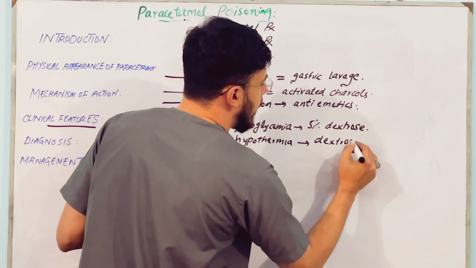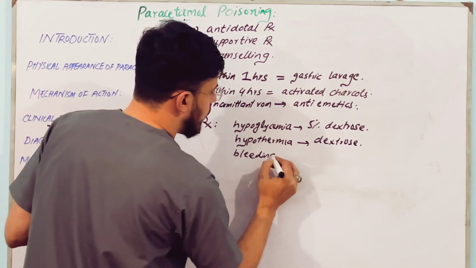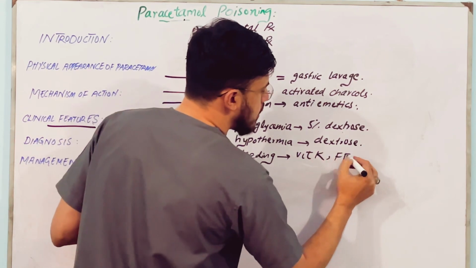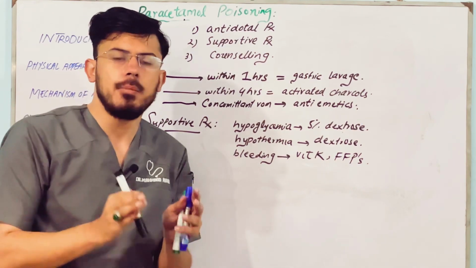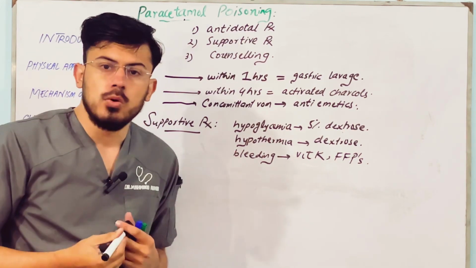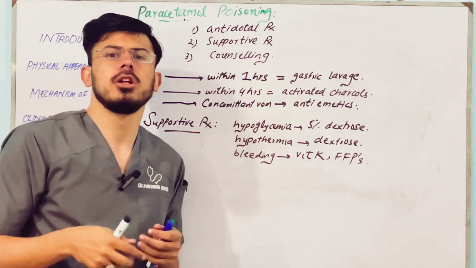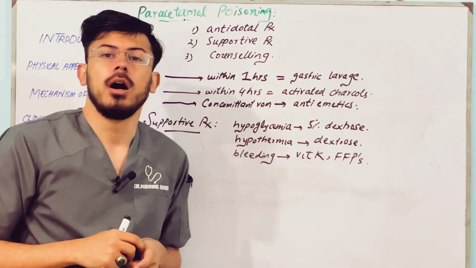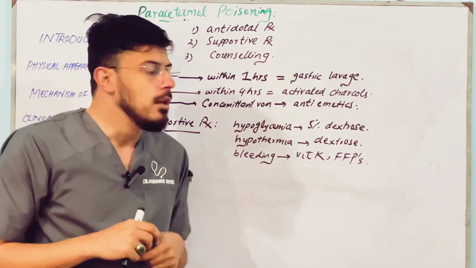But if there is bleeding, we can give vitamin K and FFPs. FFPs will give the immediate response, while vitamin K will give a delayed response.